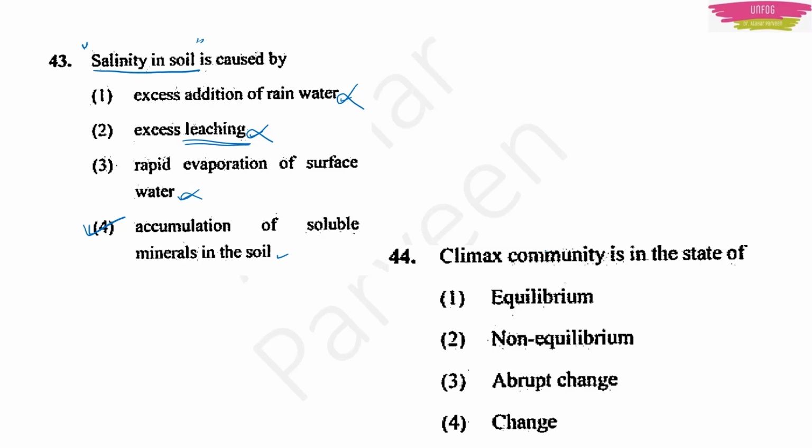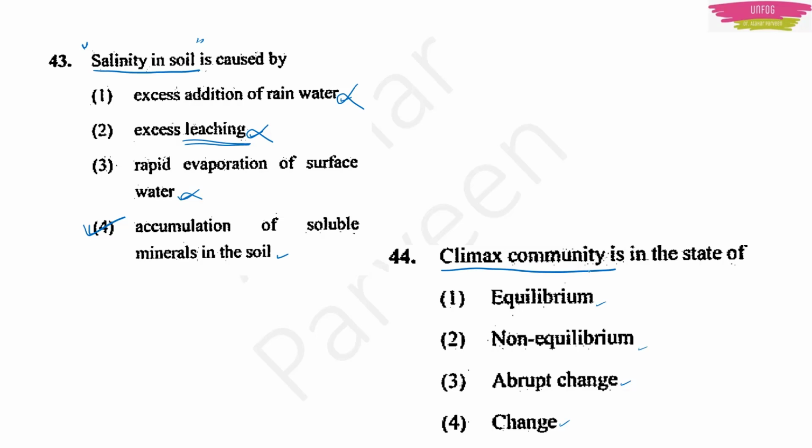Next question we have is, climax community is in the state of. Option 1 is given as equilibrium, option 2 non-equilibrium, option 3 abrupt change, and option 4 change. So, what does this climax community mean? The answer lies in the definition of climax community itself. The definition means it is the ecological communities in which the populations of plants or animals remain stable.